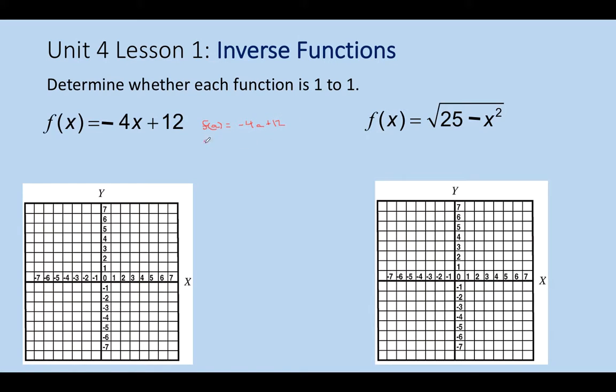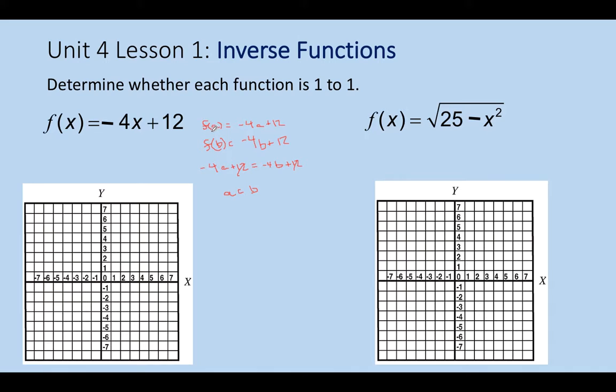And f of b, well, that would be negative 4 times b plus 12. And so if I put these two things together, I wind up with negative 4a plus 12 equals negative 4b plus 12. And the 12s will cancel each other out, and divide both sides by negative 4. Those cancel out, and I get a equals b.